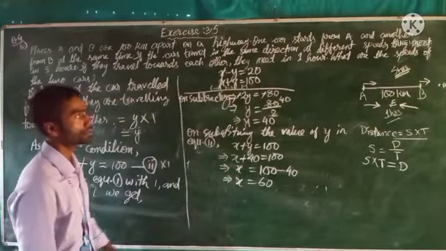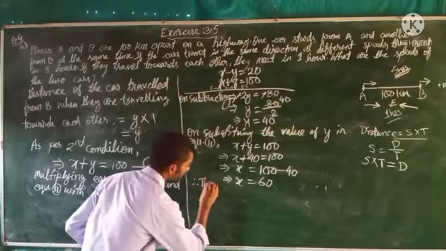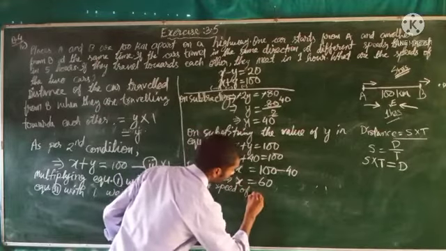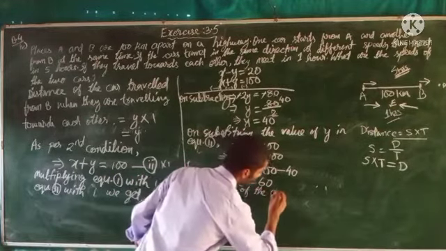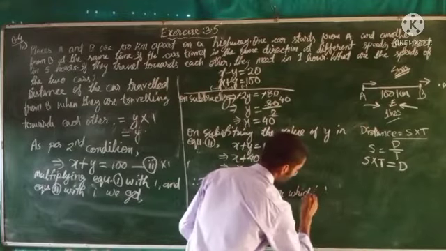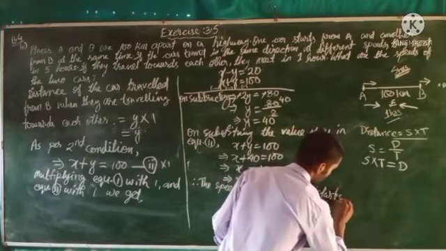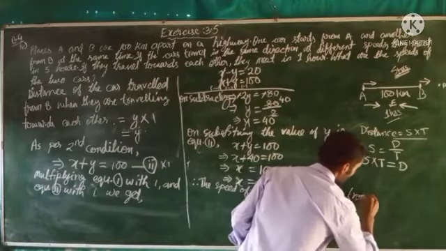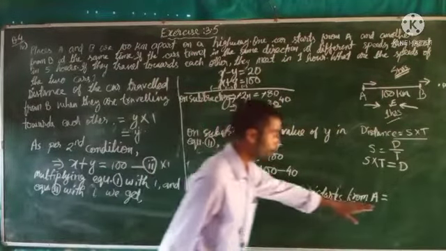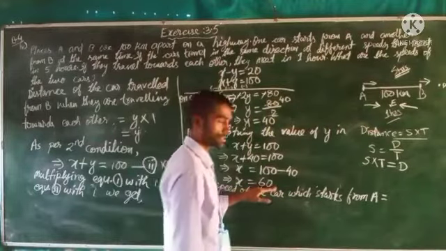Now we can place our answer, that is the speed of the car. Therefore the speed of the car which starts from A is equal to, for A we took it as x kilometer per hour, so the value of x we got here, it is 60.